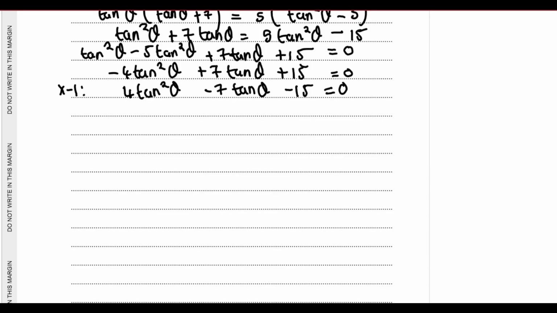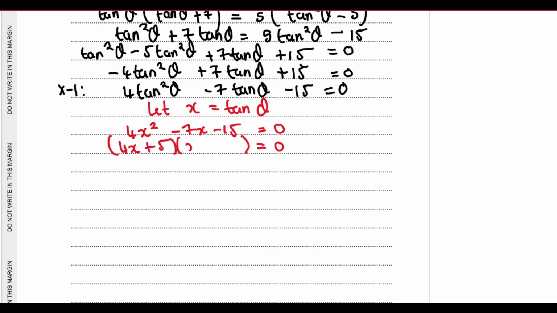Now this is a hidden quadratic. Let's let x be tan theta. So I'll have 4x squared minus 7x minus 15. Now you can factorize that. I have a link in the description for how to factorize: 4x plus 5, x minus 3.